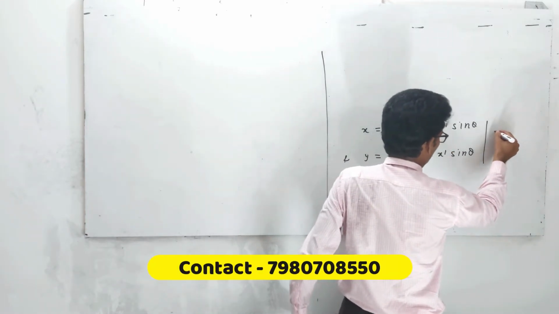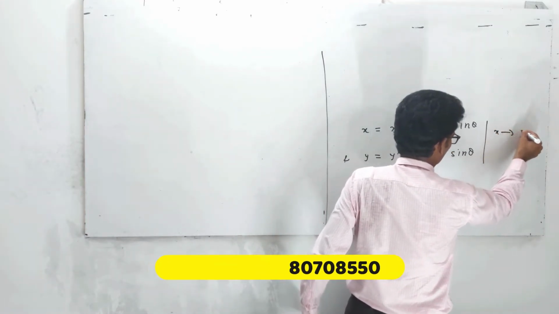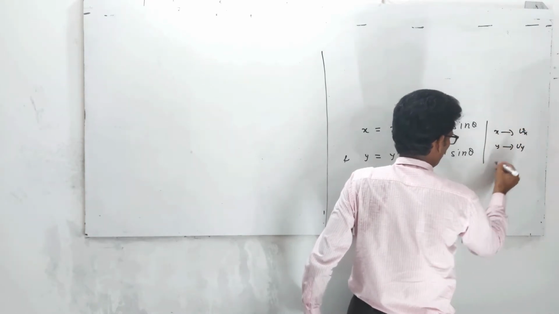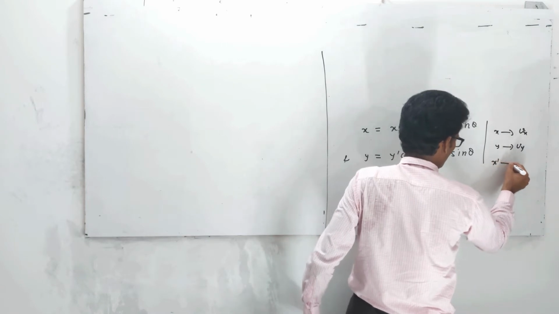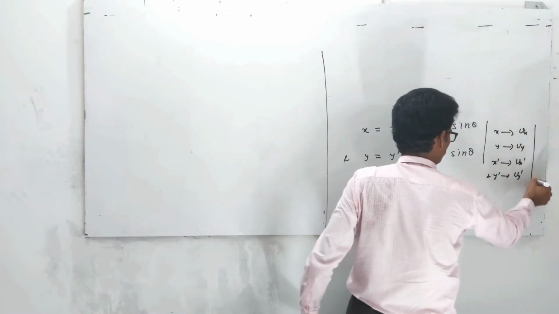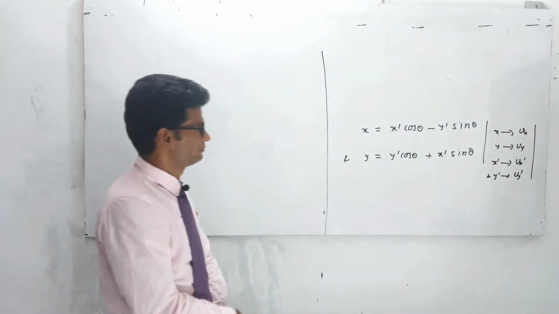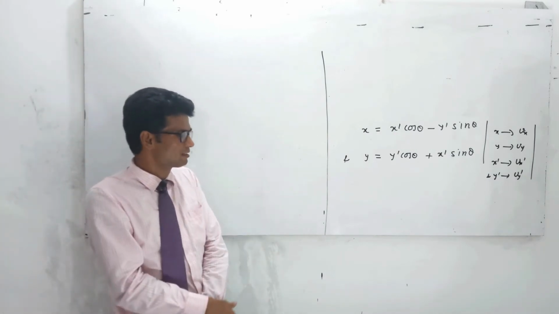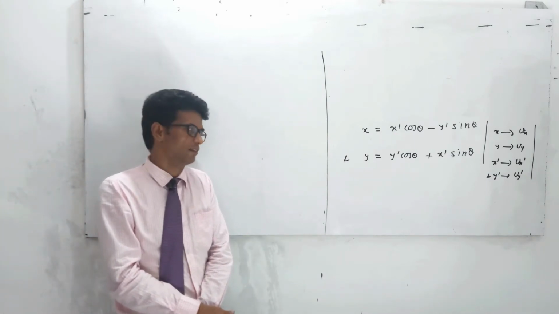Look here, x is replaced by vx, y is replaced by vy, x prime is replaced by vx prime, and y prime is replaced by vy prime. So in this way we may apply this result to any vector.